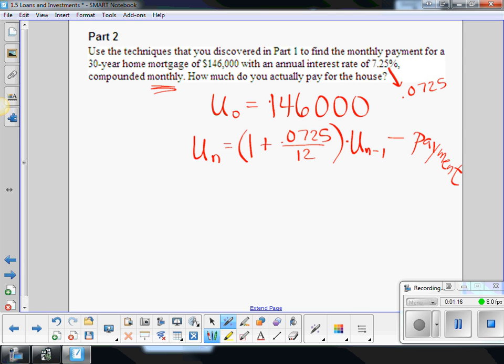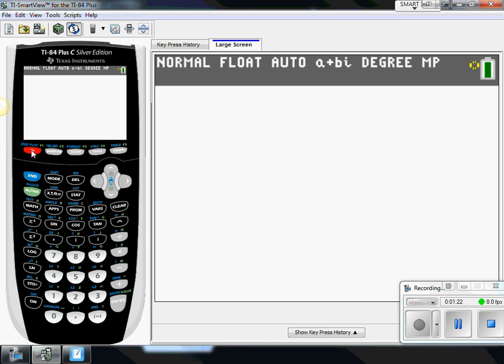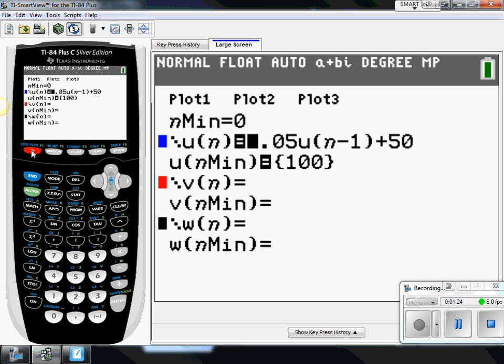So we're going to use the calculator to do this. I'd like you to turn the calculator on, go to y equals, we're in sequence mode. We're going to go ahead and put in the formula, parentheses, 1 plus 0.0725 over 12, close the parentheses, times second 7 will give us the u, parentheses n minus 1.